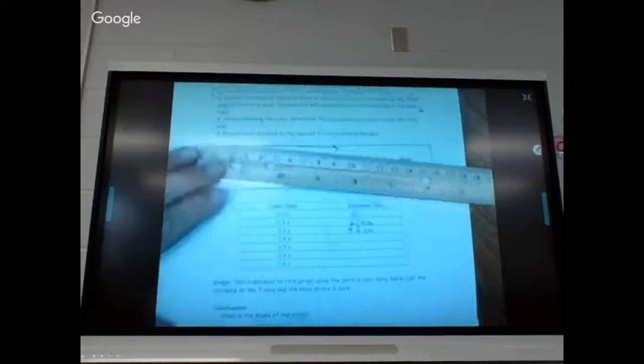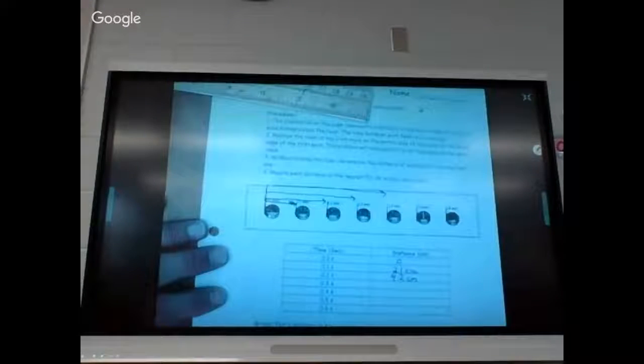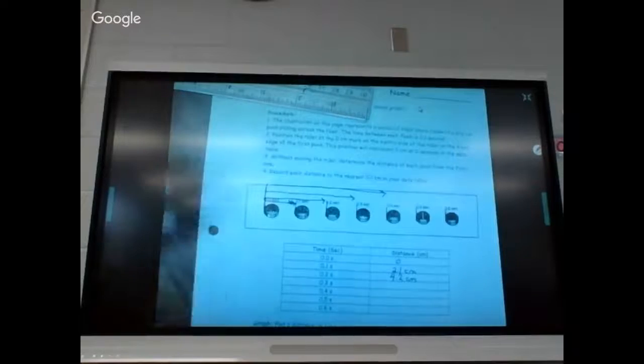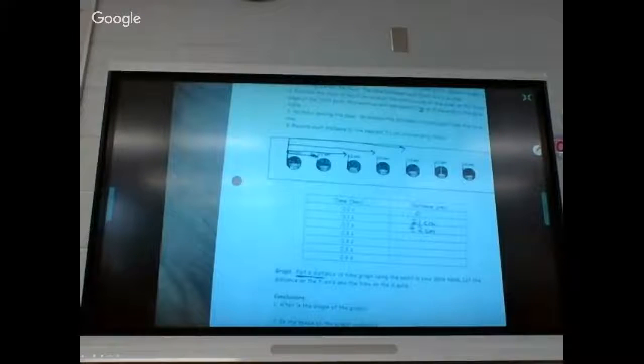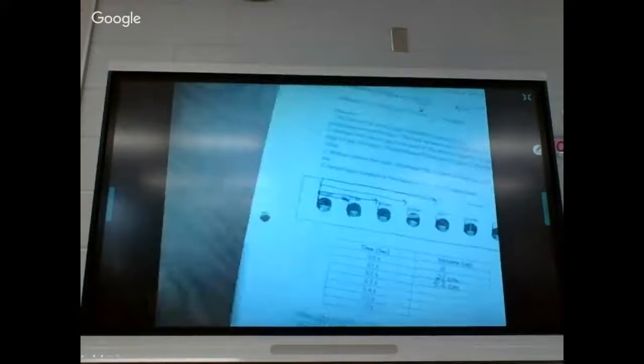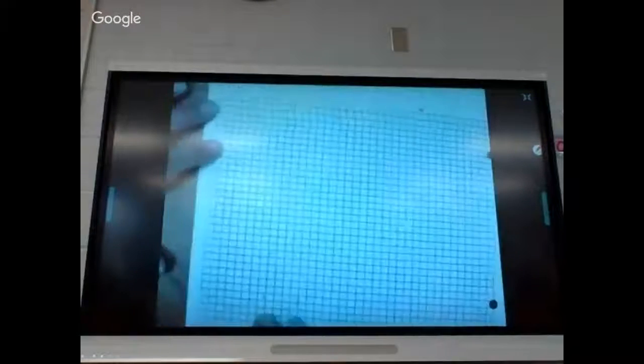When you finish, before you can answer these questions, you have to plot the graph on the back. It's going to ask you, what is the shape of the graph? If you didn't draw the graph, can you answer what the shape of the graph is? No, you cannot. Now, let me just tell y'all, some years people tell me it's a square. They're not asking you the shape of what's here, people.